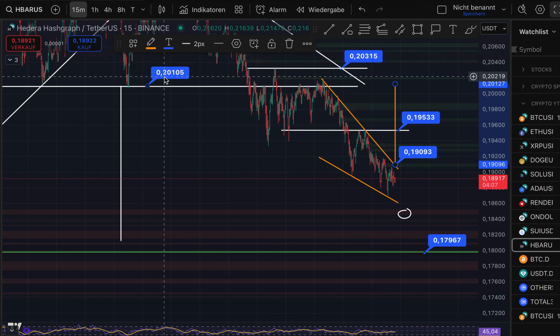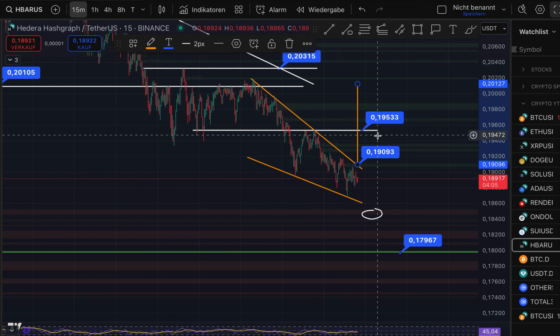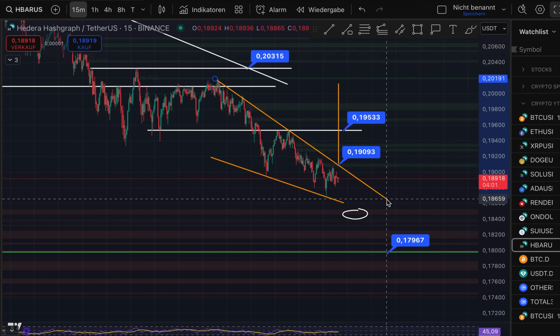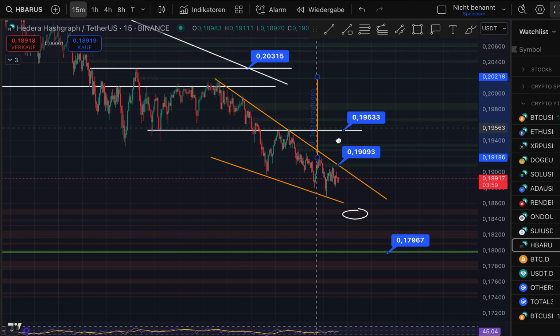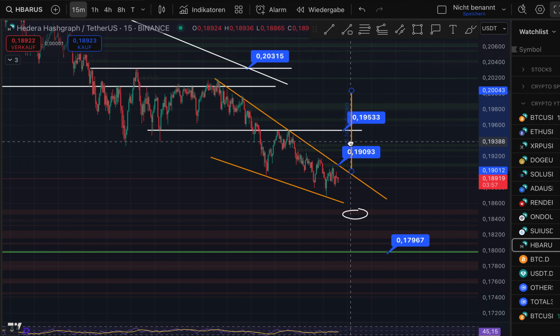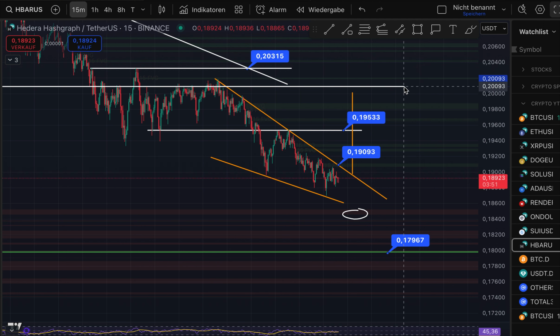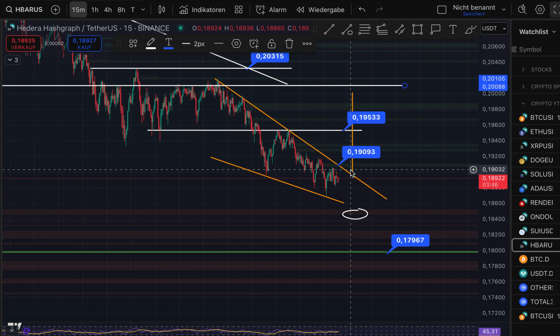We had here the 20 cents, the 20.1 cents, and for sure this falling wedge, if we break it to the upside a bit later, then we are also going to take the target to our breakout point a bit later. So basically the 20.1 cents would be again our target if we break the falling wedge to the upside.